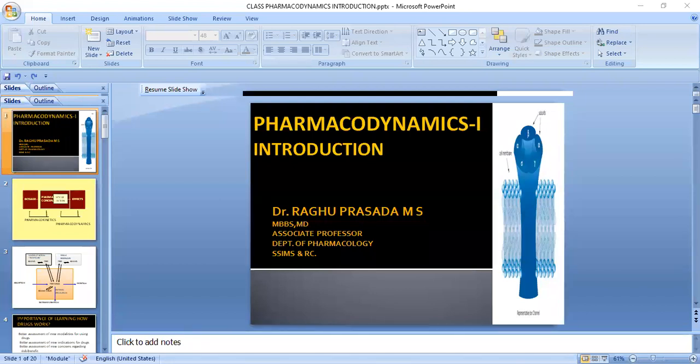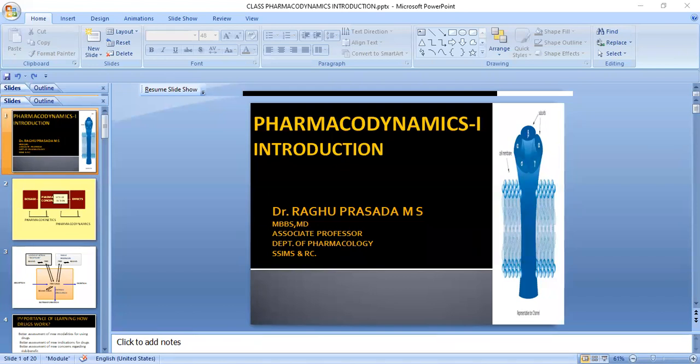There is one more concept, that is competitive antagonist. What is this competitive antagonist? In a competitive antagonist, the agonist and the antagonist both bind to the same receptors.